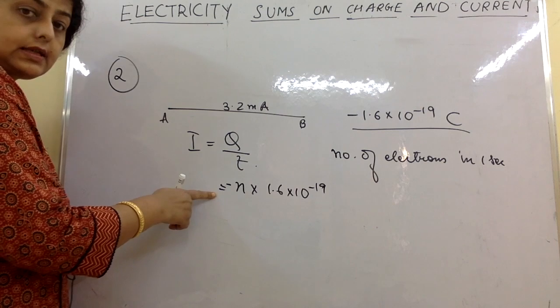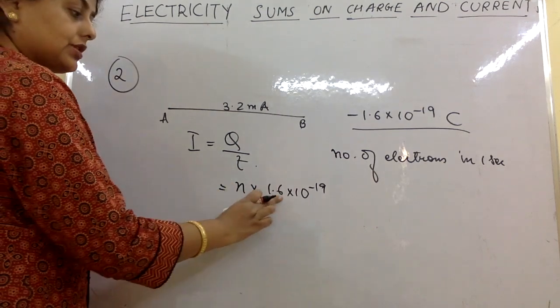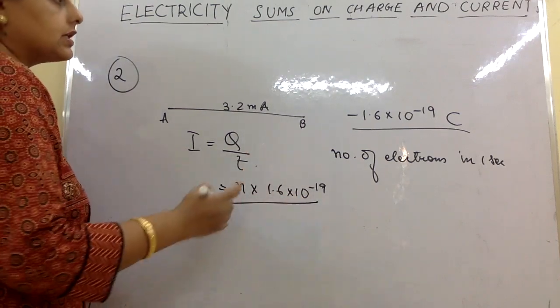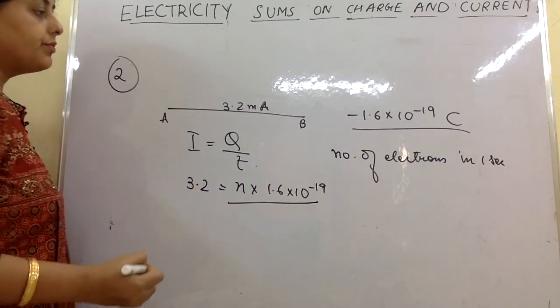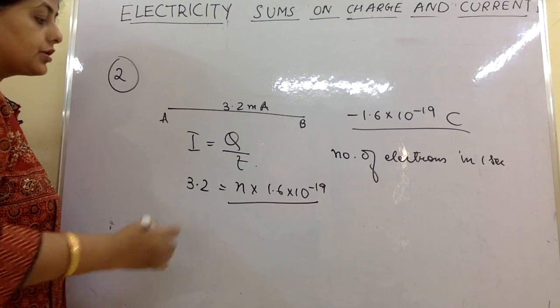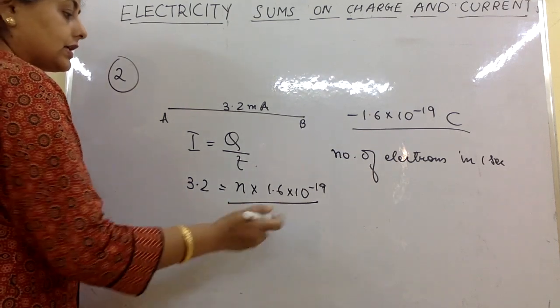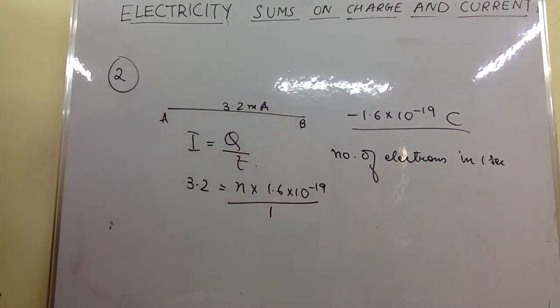Divided by the time. This was the current, 3.2 milliamperes. That means this much coulomb is passing in 1 second, so we should take 1 only here. Okay, and then what is the value?